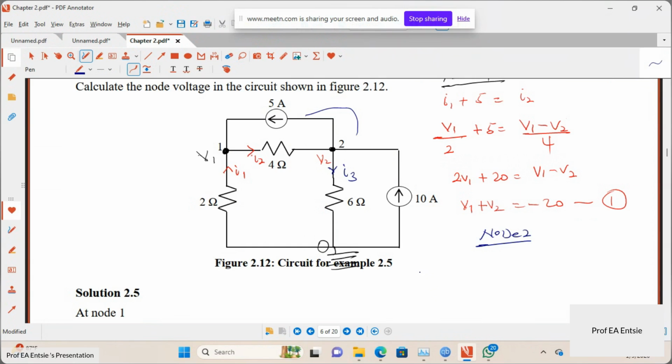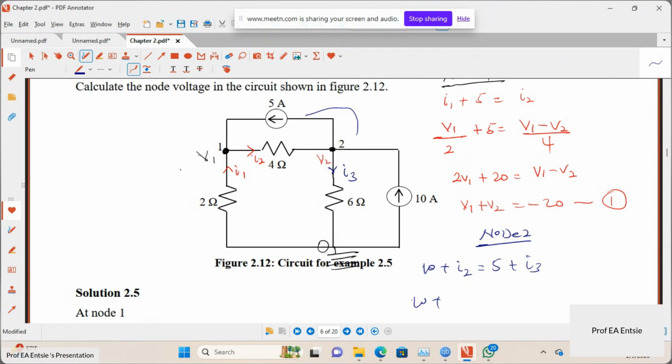So let's write KCL for that. Which are the ones entering? 10 amperes is entering, I2 is entering, so it will be 10 plus small I2. And which ones are leaving? This 5 ampere source and this small I3. So with this, 10 plus I2 in terms of voltage and resistance.